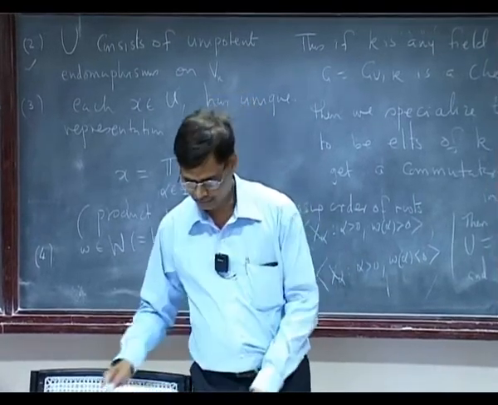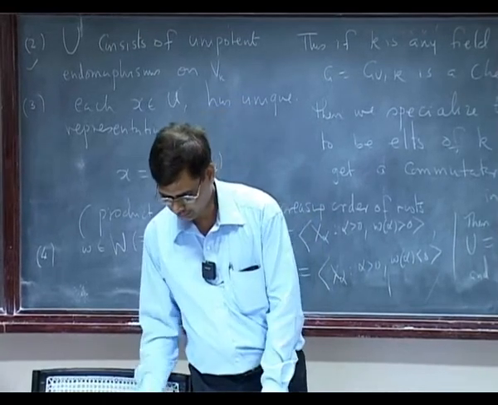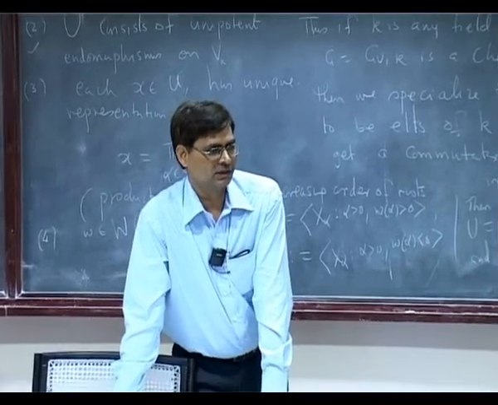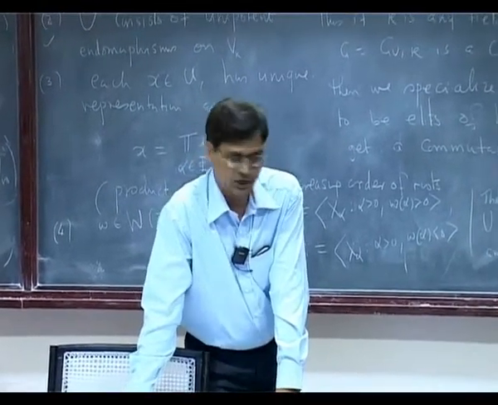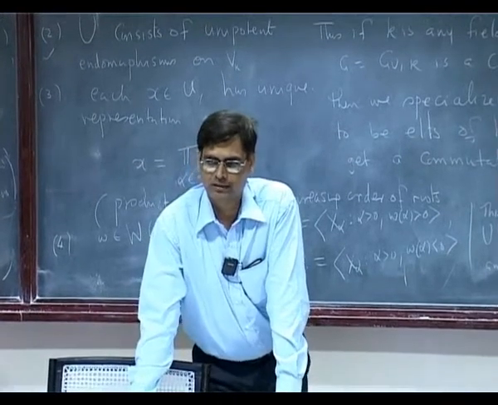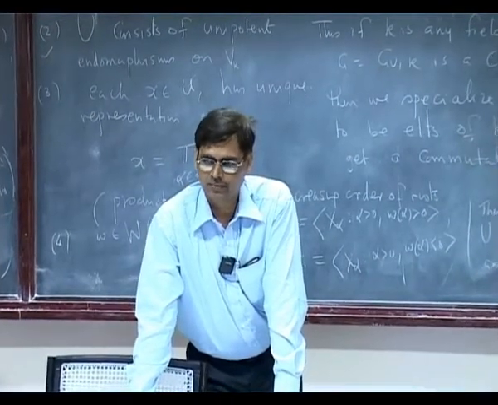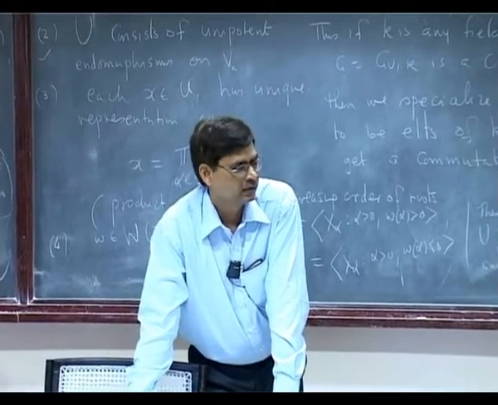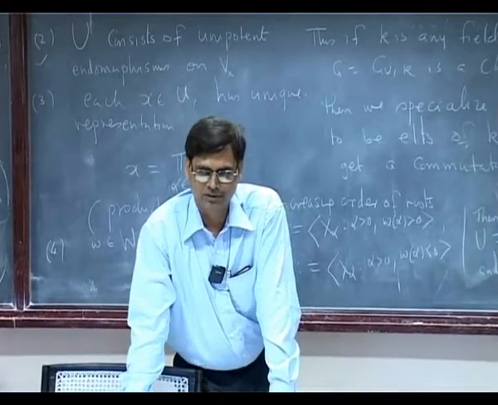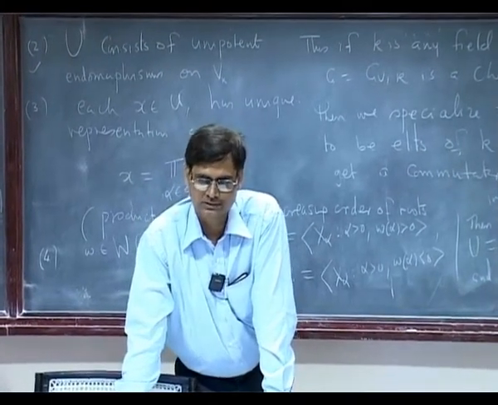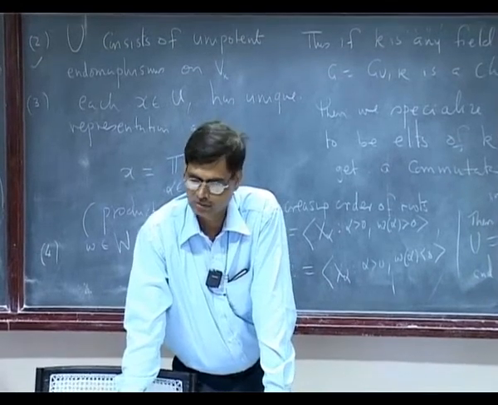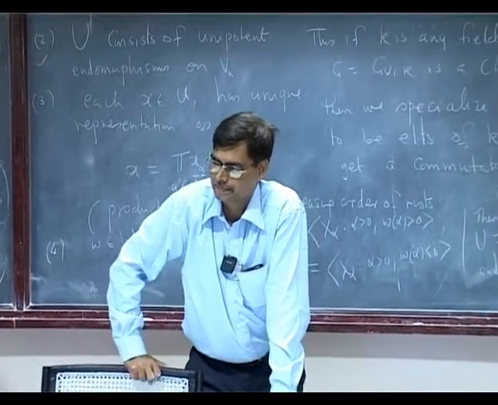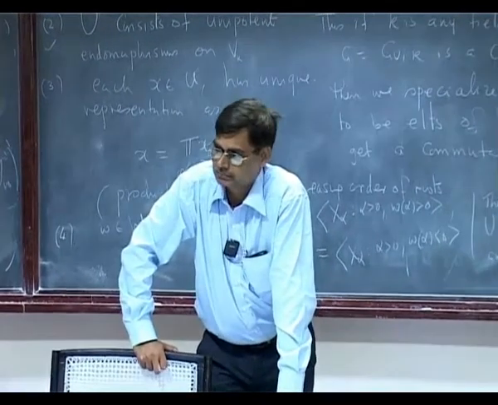So, I may not be able to do many things, but I will list certain properties. And in the last lecture, I will try to give at least a sketch of the proof that if you take K to be a finite field, or any field but not a very small field, for example K is not of order 2 or 3, only very few exceptions, then all adjoint Chevalley groups are simple.